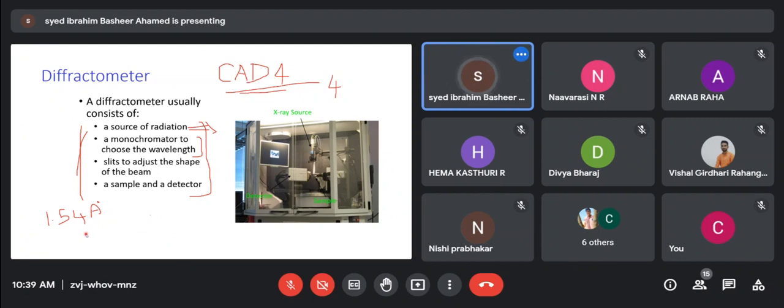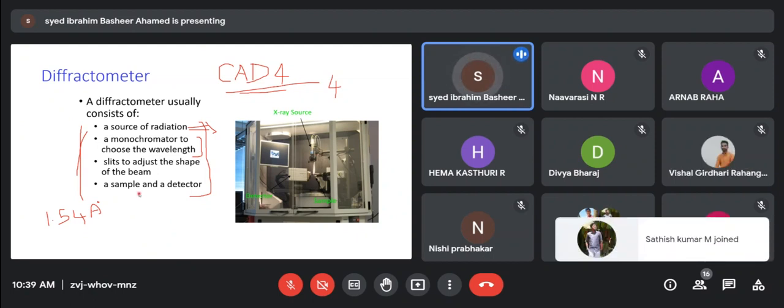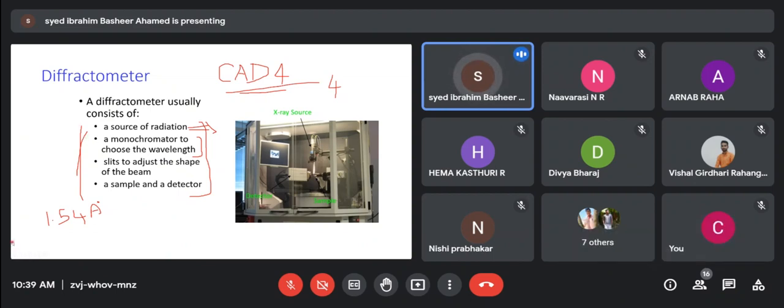A very focused X-ray beam will be allowed to hit the crystal, because you want maximum information from your crystal. You are trying to get information at the atomic level, so you need to avoid all unnecessary radiation. That is what the monochromator is doing.